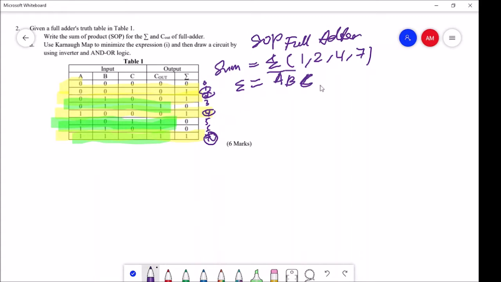Anything that has the low output value, 0 output value, make it not. Okay, for C out, sum for C out.